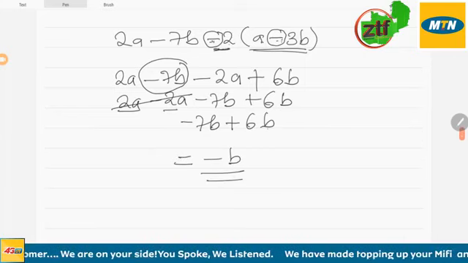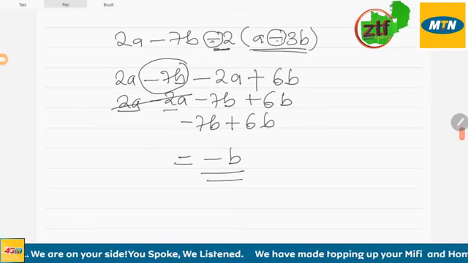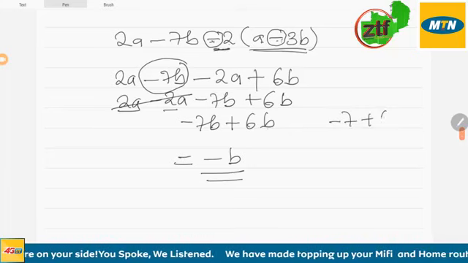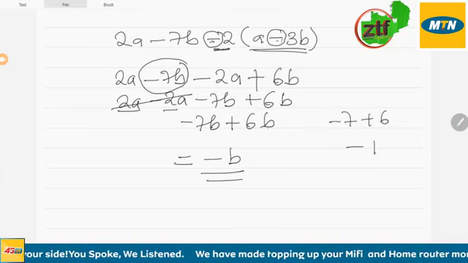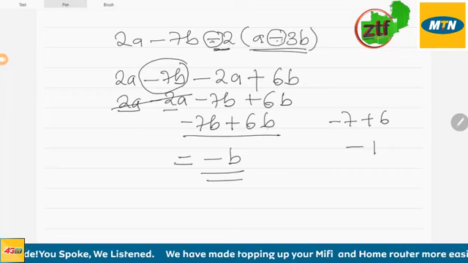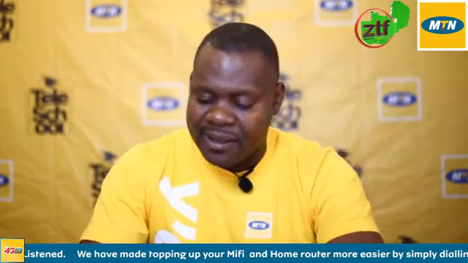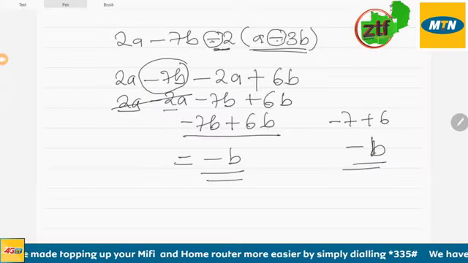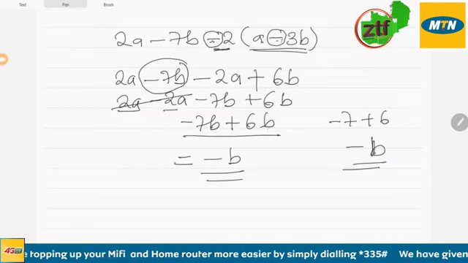Some people wonder how come this is the same as negative 7 plus 6, which is negative 1. But we have algebraic expressions here, expressions that have letters attached to the numerical values. And so that's how come instead of negative 1, we are having negative b. That is how best you would have answered question number 1.